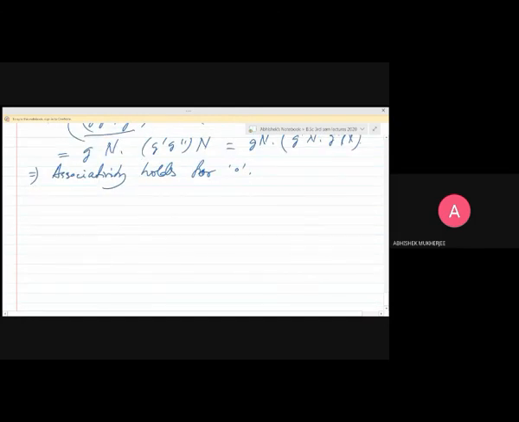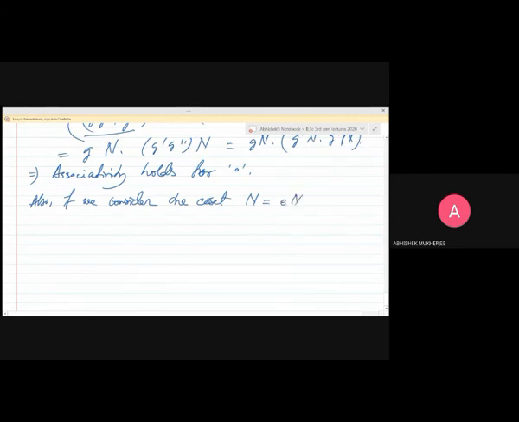Now we need to have an element which will satisfy the property of being an identity. So also, if we consider the coset N, now what is N? N can be written as eN.